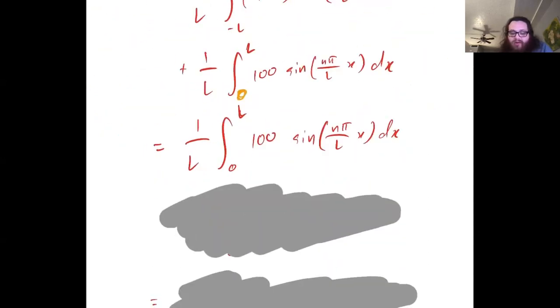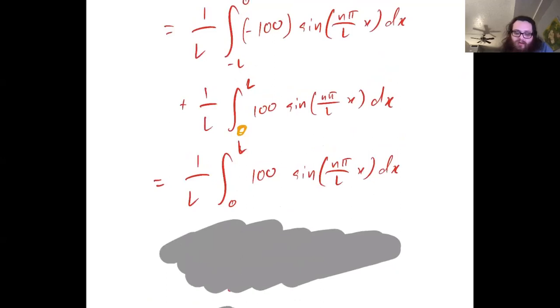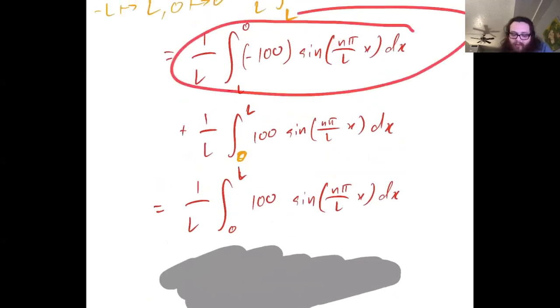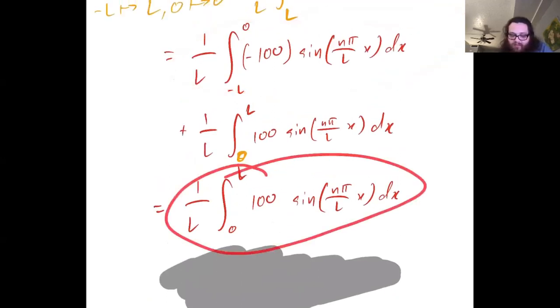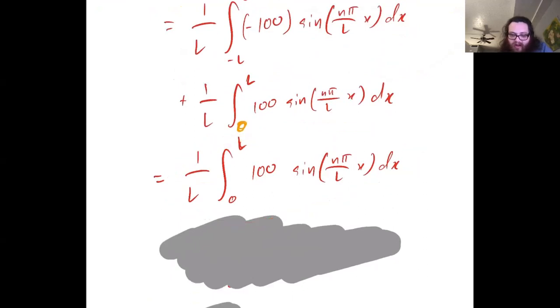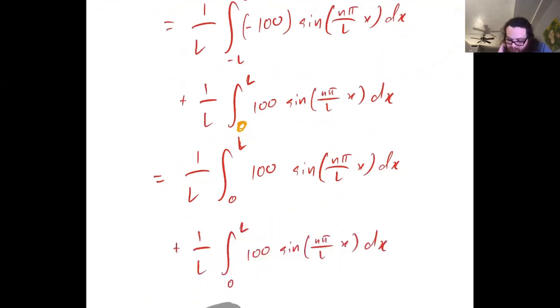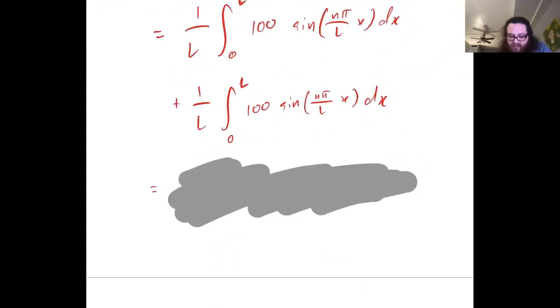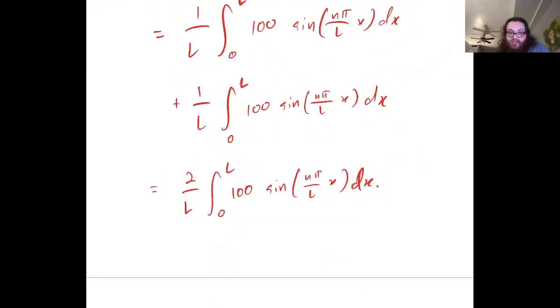So long story short, this we can reparameterize to get this. Otherwise, we're adding what we had before. These are the same integral, and so we're left with 2 over L times the integral from 0 to L of 100 sine of whatever.